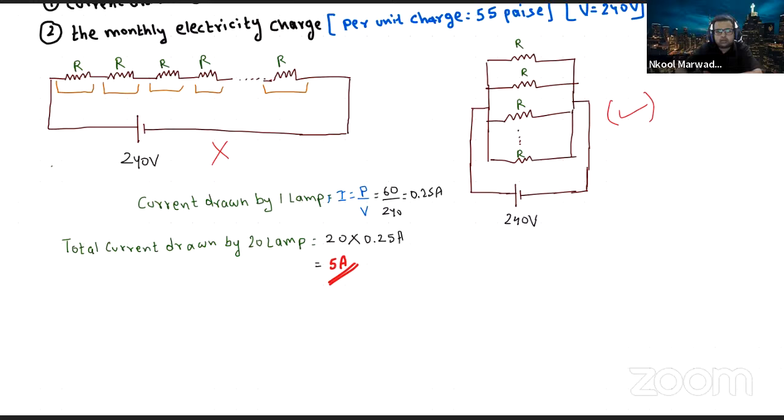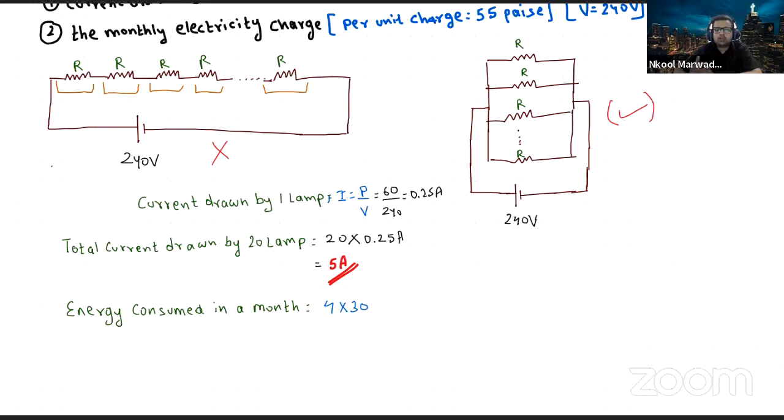Energy in a month. Now see, the idea is this: 4 hours daily, let us suppose 30 days, so total 120 hours.